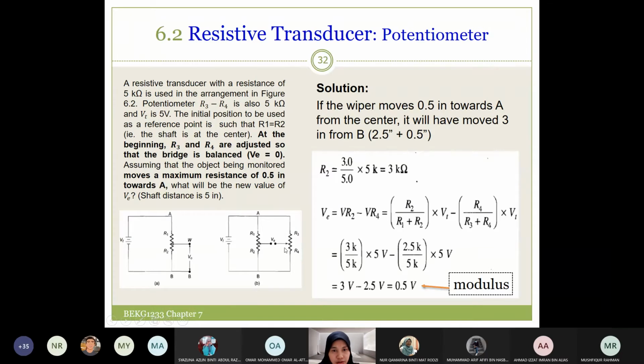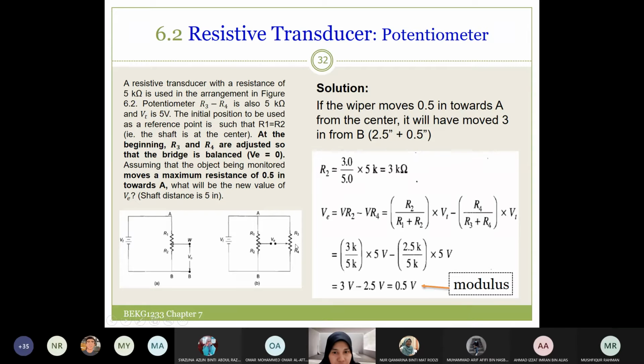Because initially it is located at the center, which is 2.5 from B, and then we add 0.5 inch because it moves 0.5 inch towards A. So what will be the new value of VE?